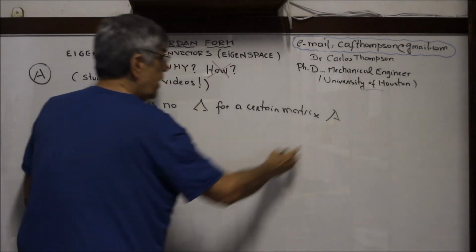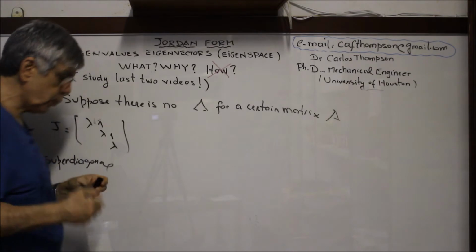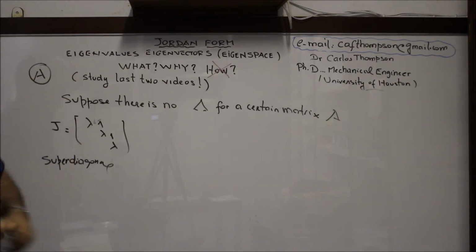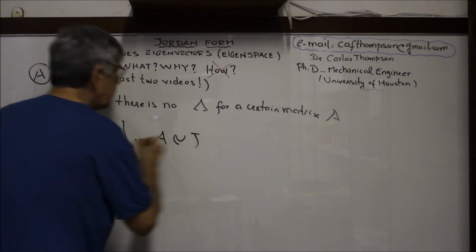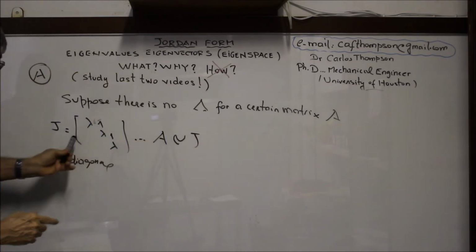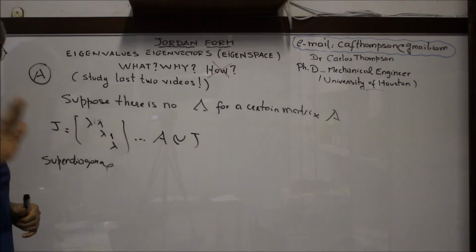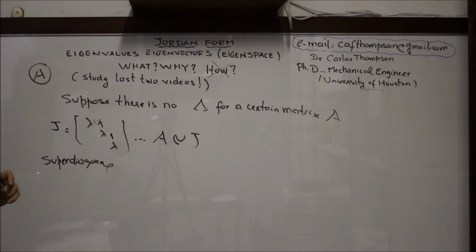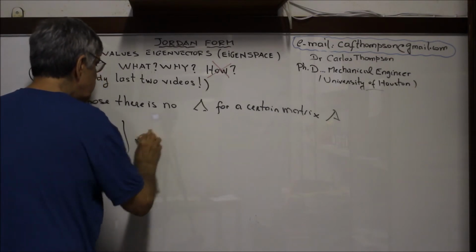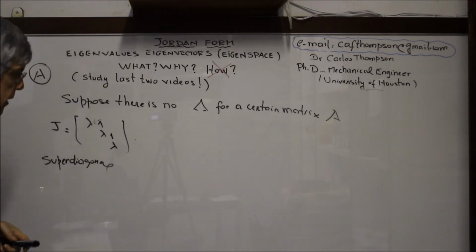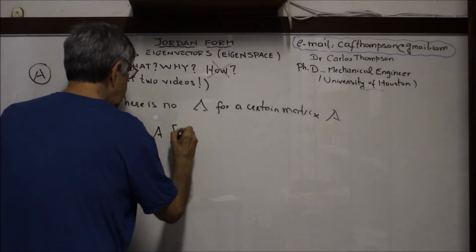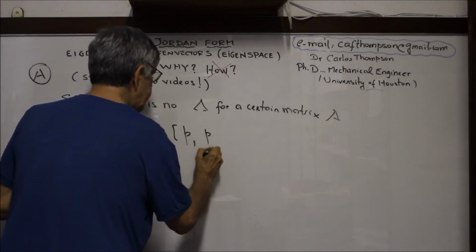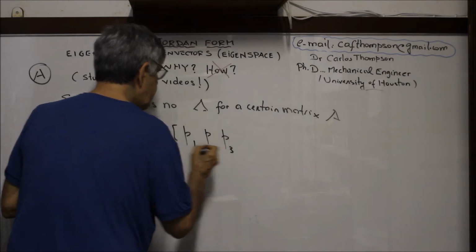But A is similar to J. Put it this way. Let's assume that A has P1, P2, and P3.